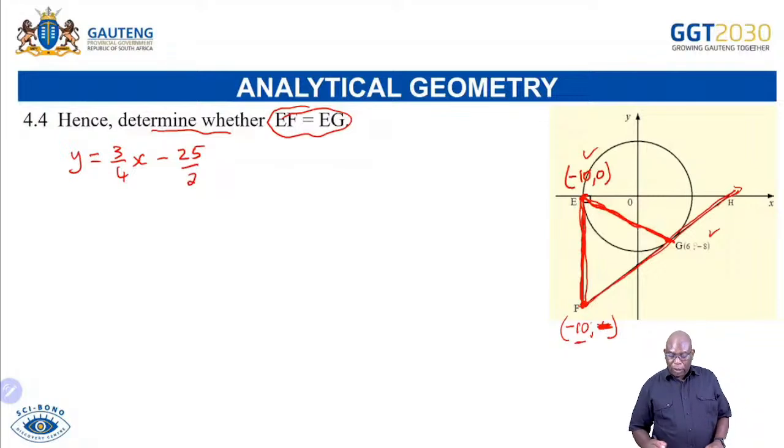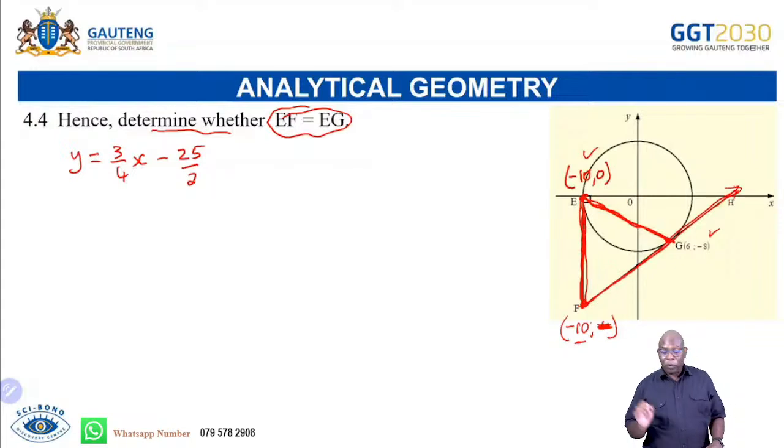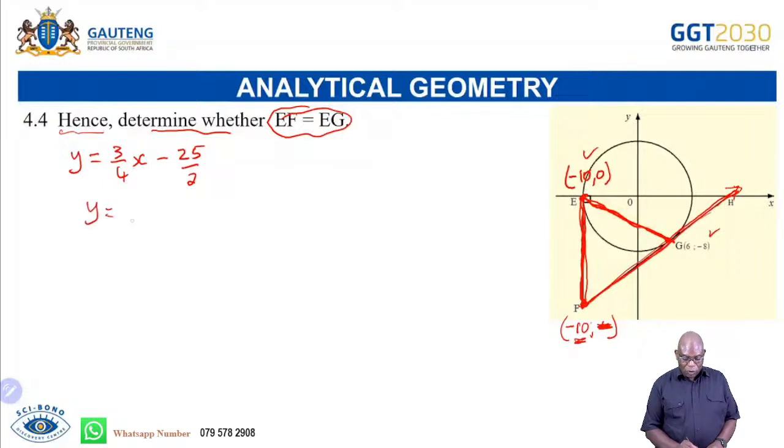Remember the x value I know, I don't know the y value of that point here. So for me to get the y value, I must substitute that x value into this line. You see, I'm substituting into the equation of the line. That word "hence" means I'm using what I got previously to do that. So I'll go y equals 3 over 4 multiplied by negative 10 minus 25 over 2.